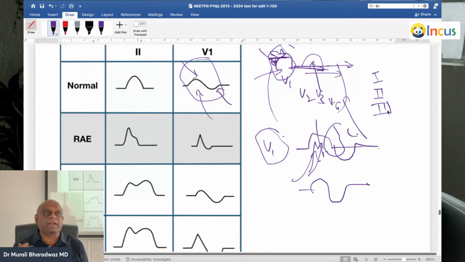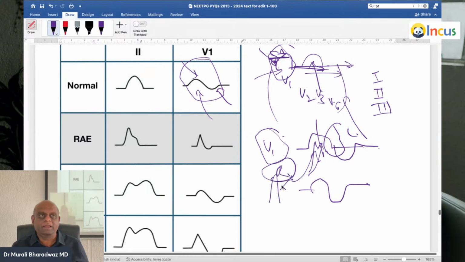So how is the electrical activity of the body? The electrical axis of the heart passes from right above to left below, like this. Electrical activity, the apex is towards the left. That's the reason in lead 2, the ventricular electrical activity passes from above to below, right to left. That's the reason it will be represented by a positive wave.